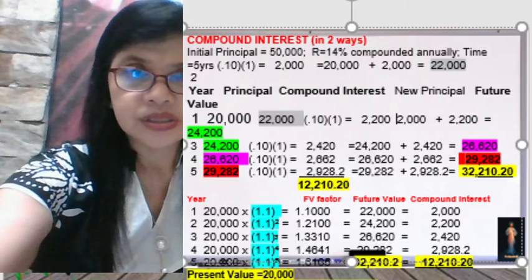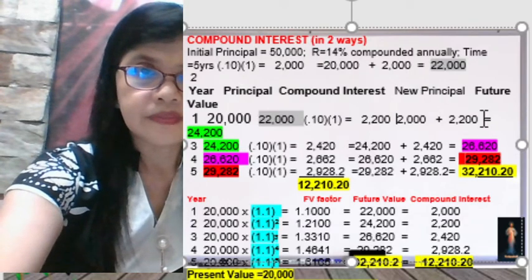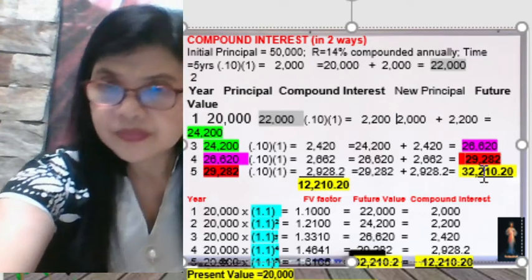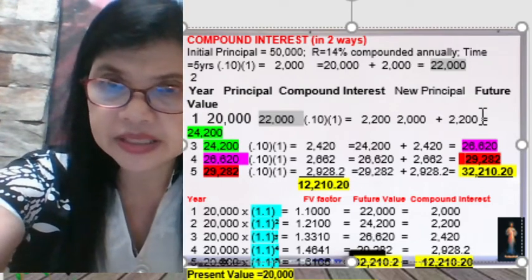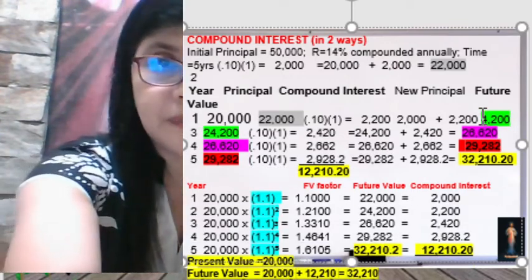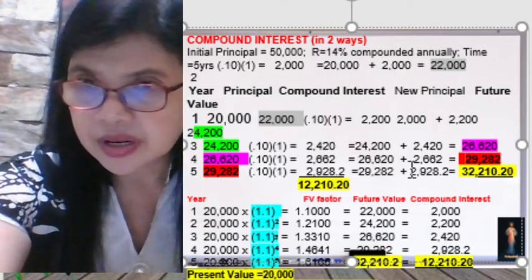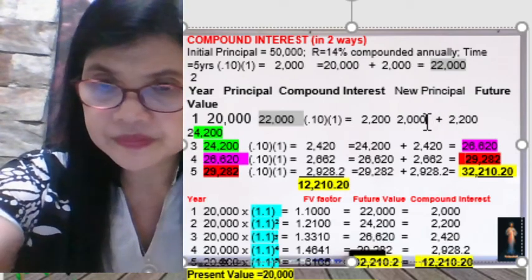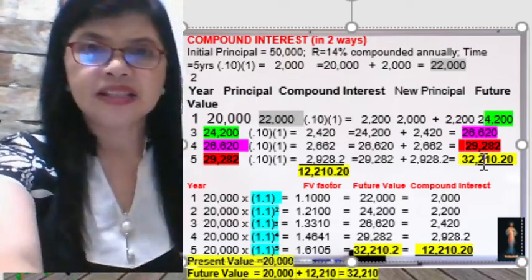Okay, the figure has become so small. So this has become 24,000. But we have to move here. Okay, it has returned.